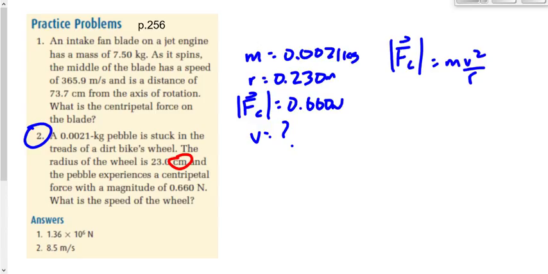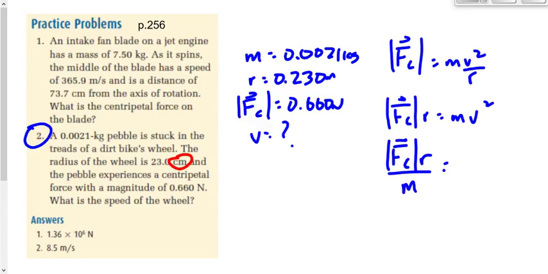Take the r up by multiplying. Becomes f times r equals mv squared. What next? Want to get v by itself? Divide by m. So it becomes f times r divided by m equals v squared. And then we're going to square root it. So v is going to be equal to the square root of f times r over m.